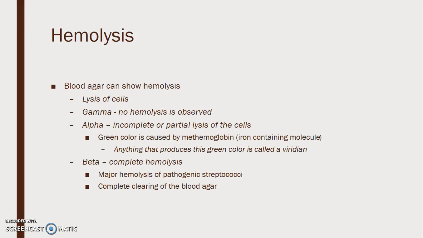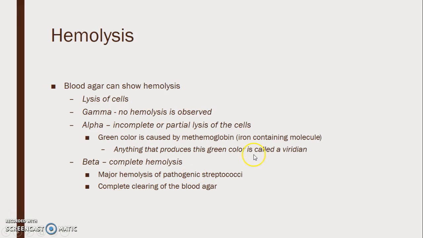Anything that produces a green color like that is called viridans. So if you have viridans bacteria, then you have alpha hemolysis.